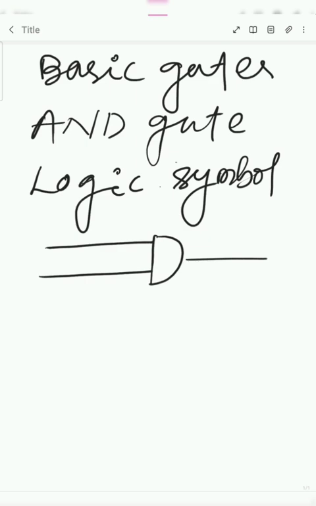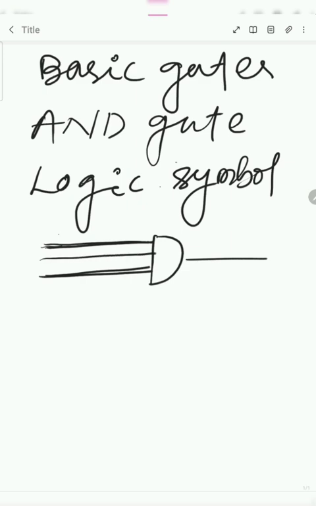It has two or more inputs and only one output. Two lines means a two input AND gate, and three lines means a three input AND gate.